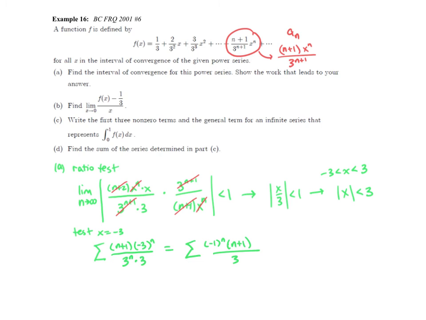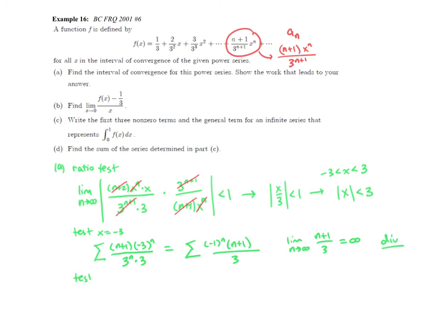Now, if you get rid of the alternator for just a minute, the limit as n goes to infinity of n plus 1 over 3 is infinite, which means that this particular series is divergent.